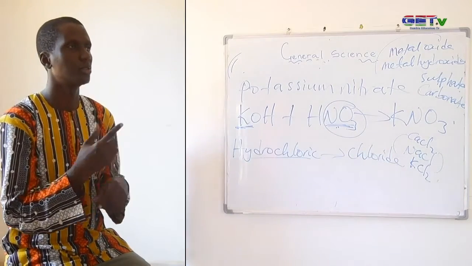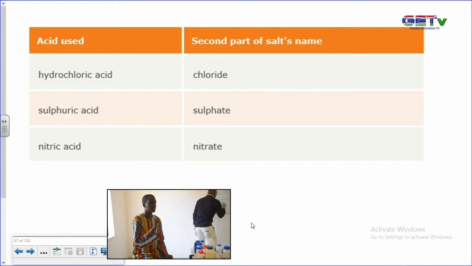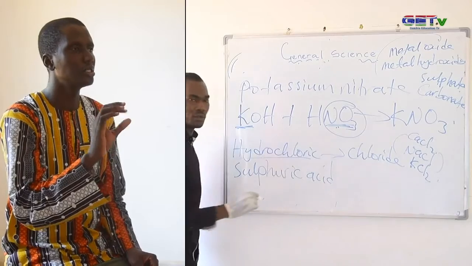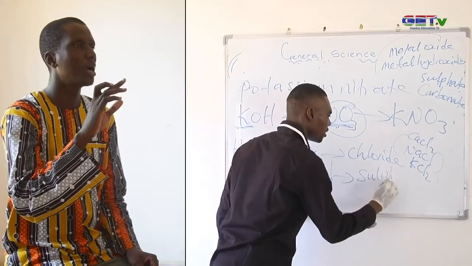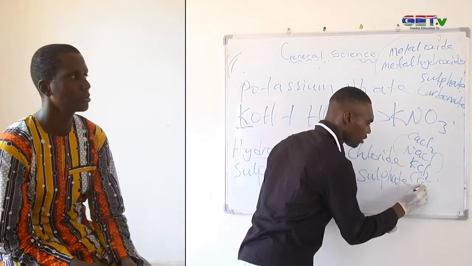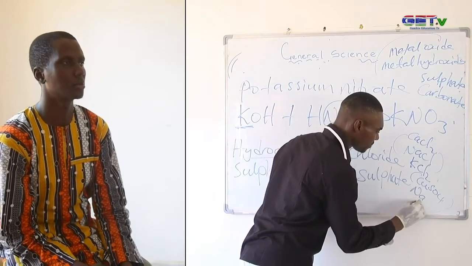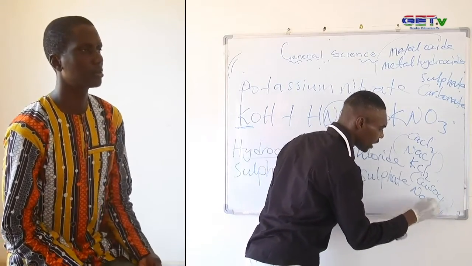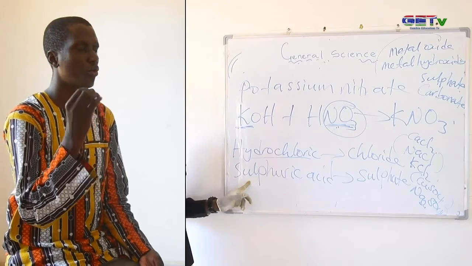Is that understood? We have sulfuric acid again. If sulfuric acid is used in the formation of any salt, the name of that salt should end in what? Sulfate. Example, copper sulfate, sodium sulfate, Na2SO4, and so on. The copper is the metal. Where does the sulfate come from? It comes from the sulfuric acid.